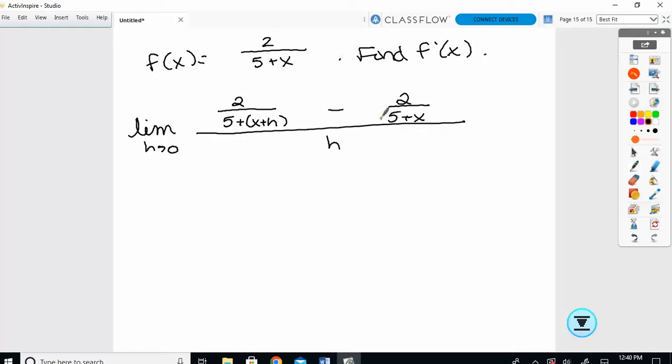What is our strategy here? Common denominator.